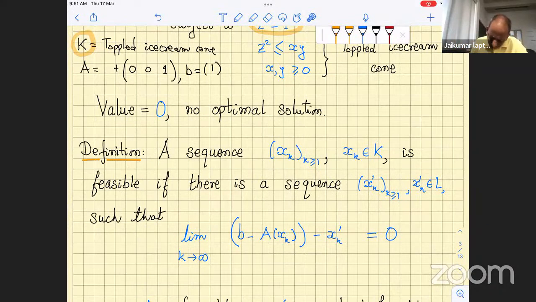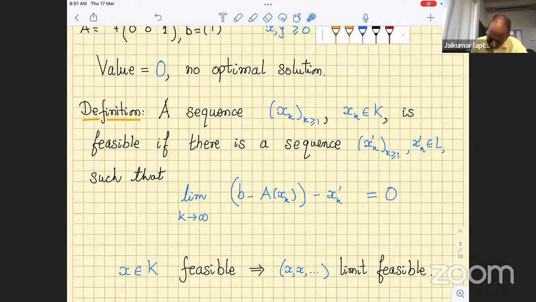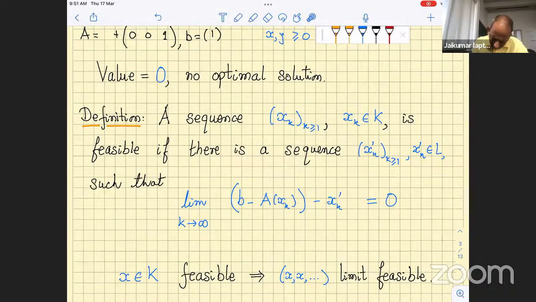What we are going to do now is think about points which are not actually feasible, but they approach feasibility. So we say that a sequence, you have a sequence of points in K. You remember K was the first cone. But being in K is not all.